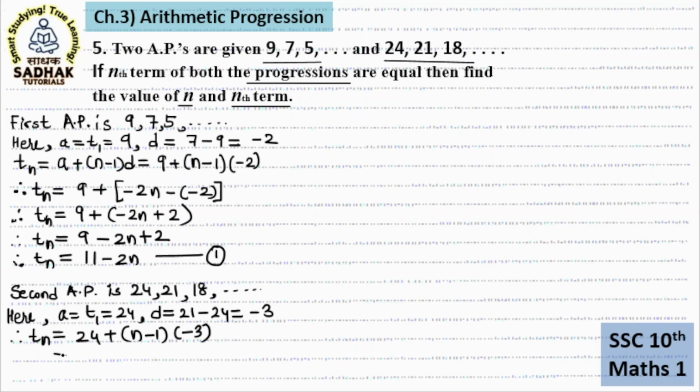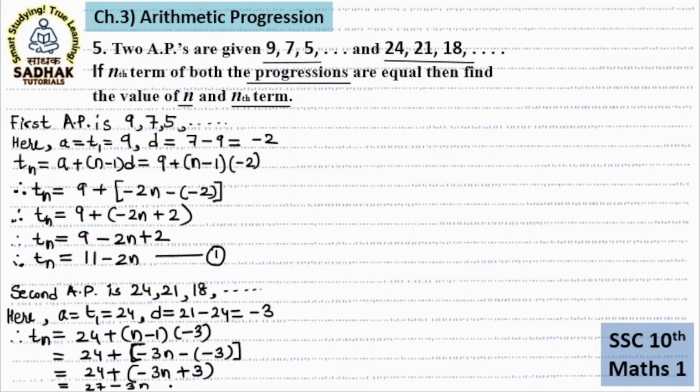That gives 24 minus 3n plus 3, so 24 plus 3 gives 27 minus 3n.